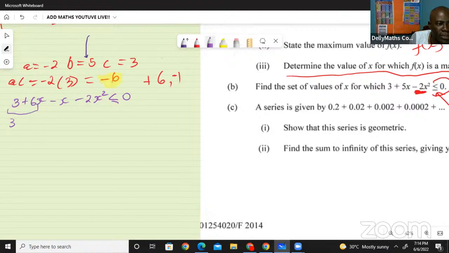If I take out 3 there, I get 1 plus 2x. So I'm going to take out -x for this part here. -x into itself is 1, and -x into -2x squared will give me +2x. This is still less than or equal to 0.